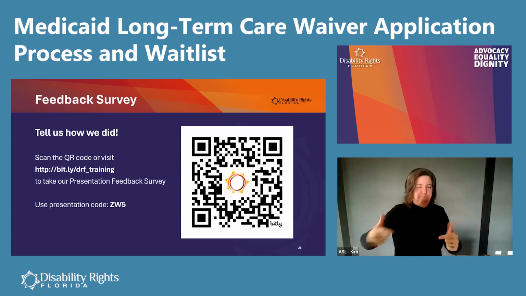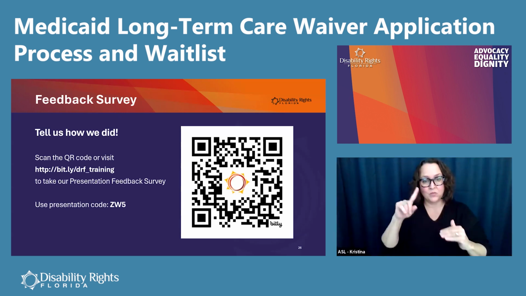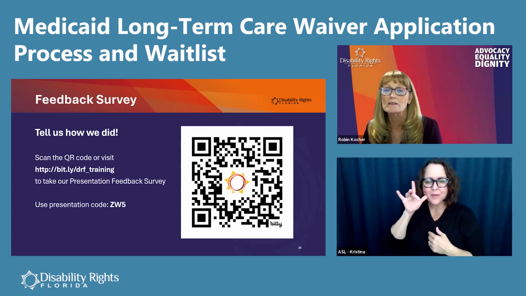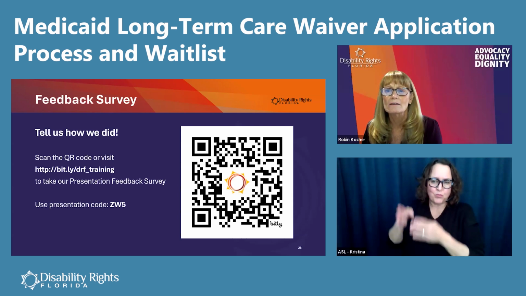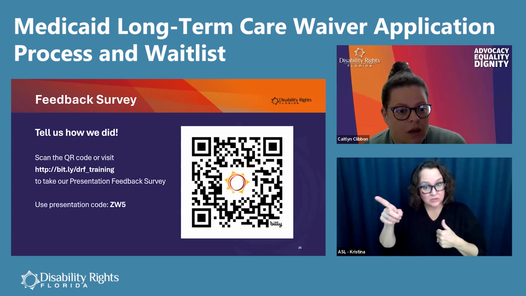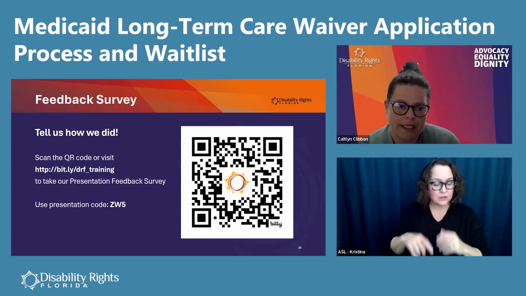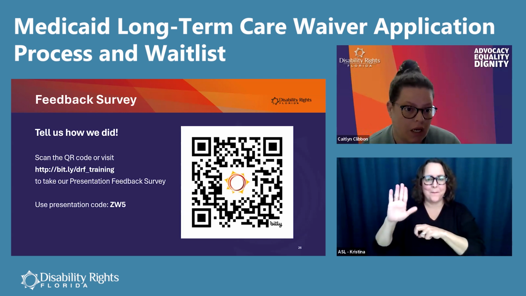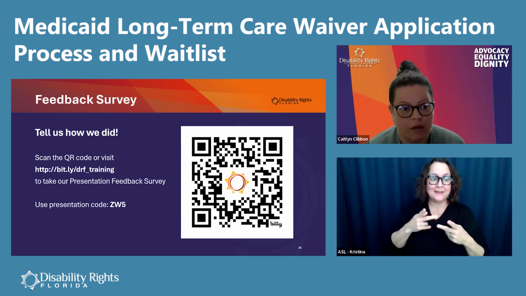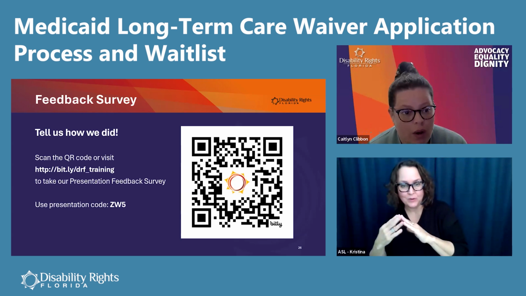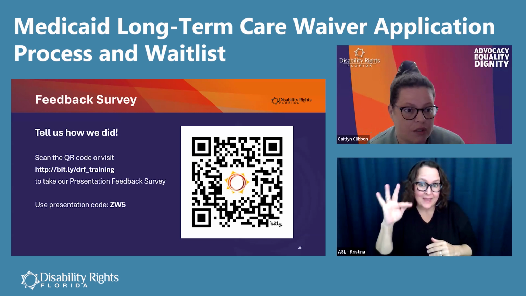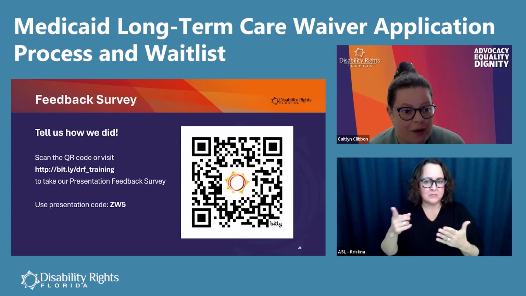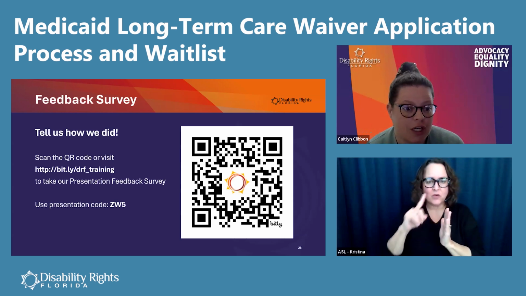All right. The next question says that they have a 91-year-old in an assisted living facility. Can she get on the waiver? There is a category of individuals who wish to transition back to the community if they've been in a facility. So if she wishes to return to a community setting, she should apply for the waiver, ask for those services, and get screened.